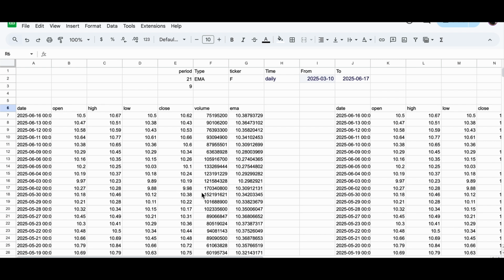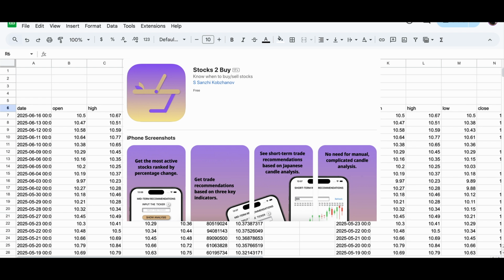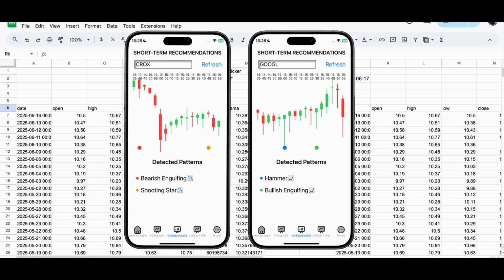For example, you can apply Japanese candlesticks, you can apply a VWAP indicator to support your findings. And of course, you can try using the Stocks to Buy app that has a great screen with the candle analyst. It analyzes Japanese candlestick patterns and provides you the best time to buy shares.